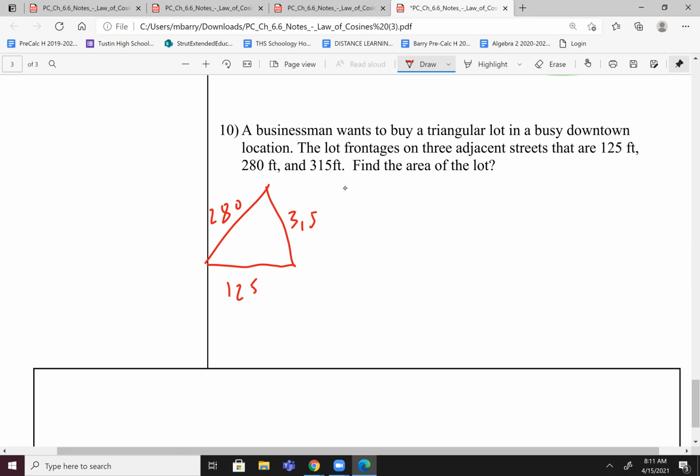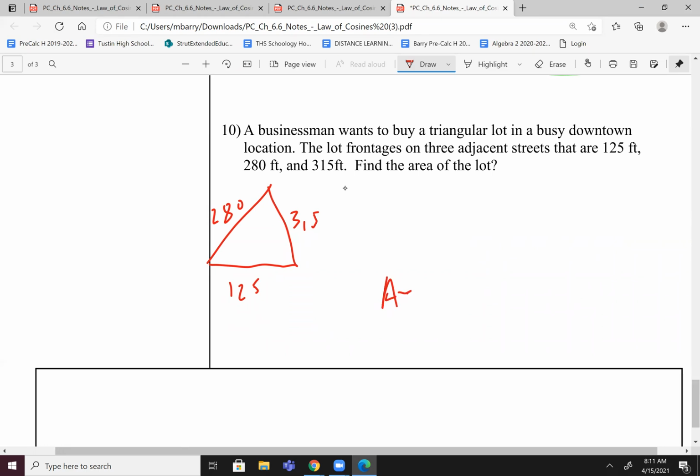And they want the area of the lot, okay? So ultimately here we're trying to find area. Usually when you buy land or real estate, you're somewhat paying by the square foot. So that's what area is, square feet.